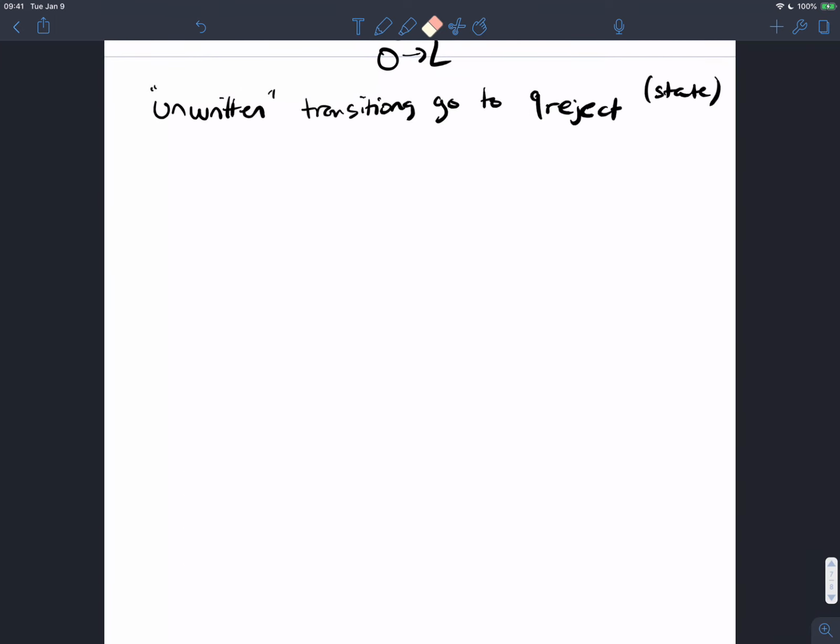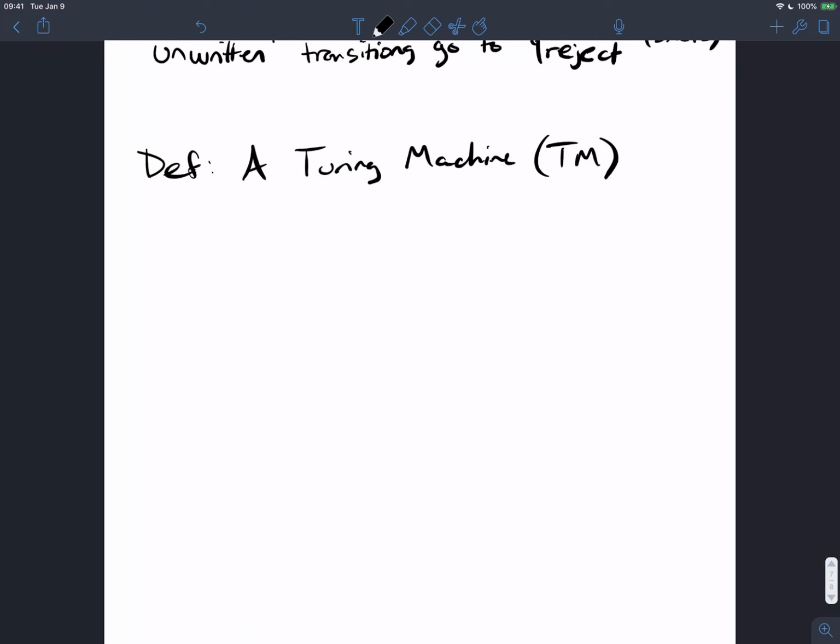Okay, so let's talk about formal things. So, definition. A Turing machine, and it's a pain to write that over and over, so I'm going to abbreviate it as TM. Not trademark, but Turing machine. Is a, and then something that I'm going to fill in later.